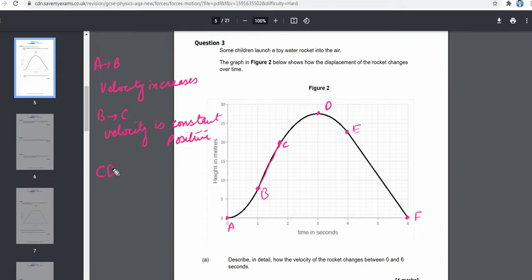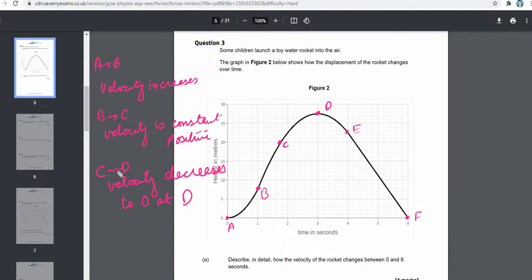Now from C to D, the velocity decreases to 0. It decreases to 0 at point D. So when the object comes to point D, it will reach its final height. When the object is at its final height, it will stop for an instant to reverse its direction. So when it stops for an instant, at that instant the velocity is 0.